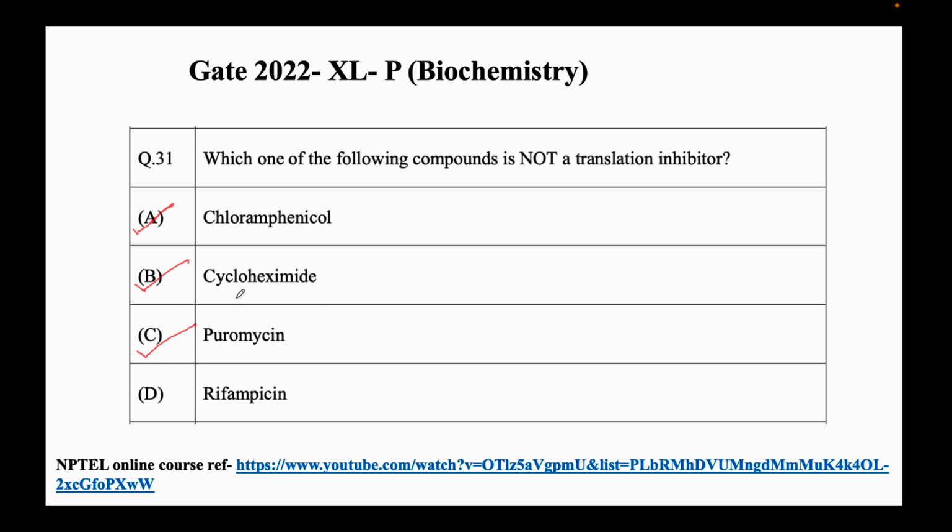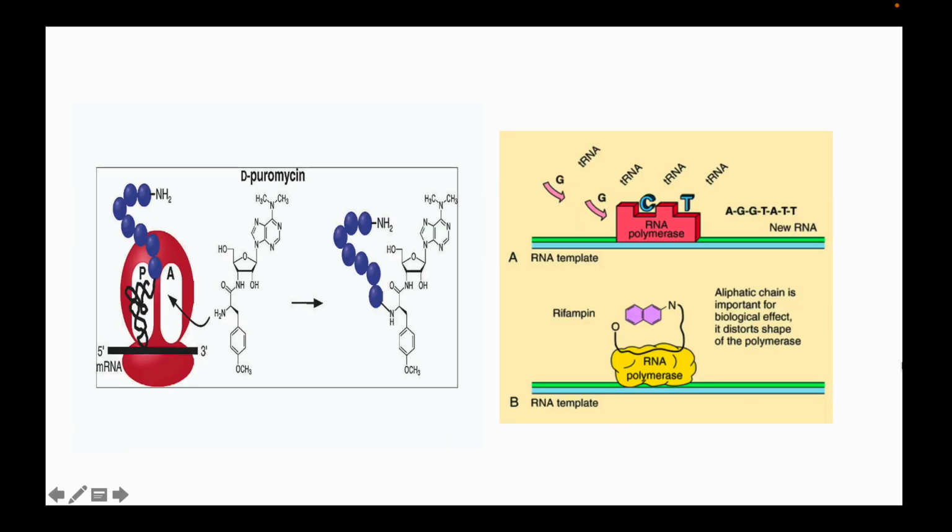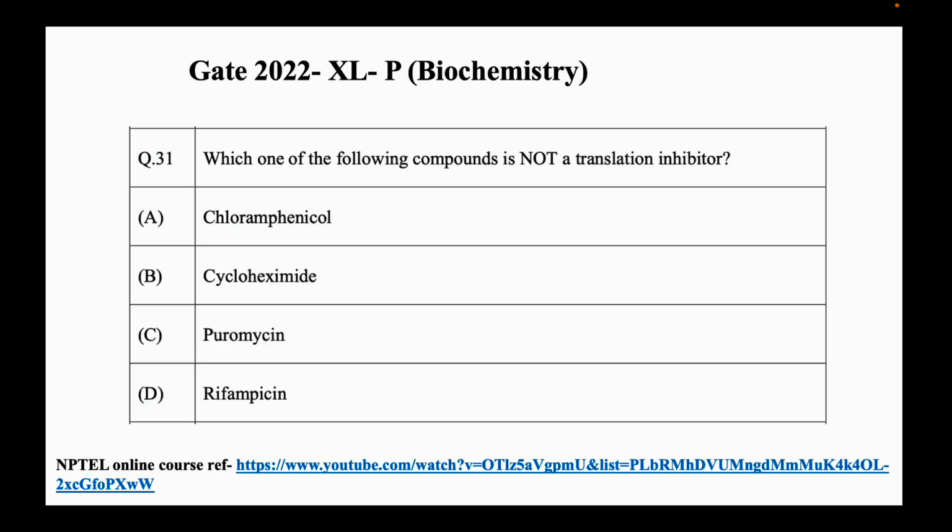We have a truncated protein. And rifampicin. What is rifampicin? It is not a translational inhibitor, but it is an RNA inhibitor. So what it is doing? It is inhibiting the RNA polymerase activity, right? So the correct answer is rifampicin.